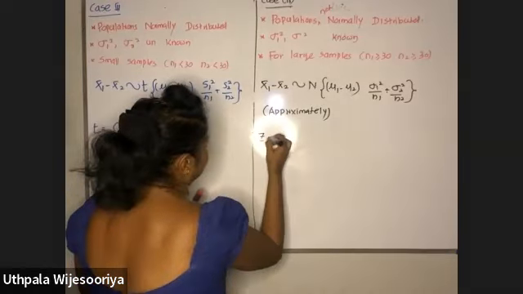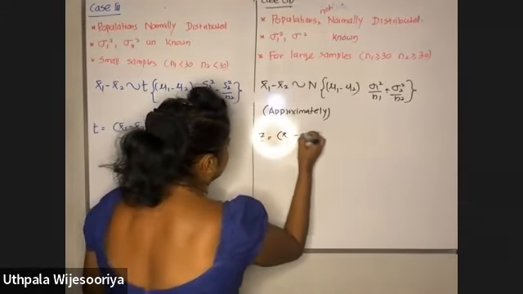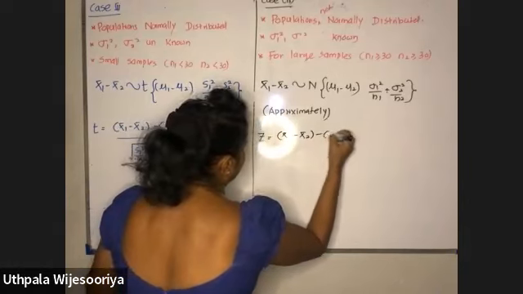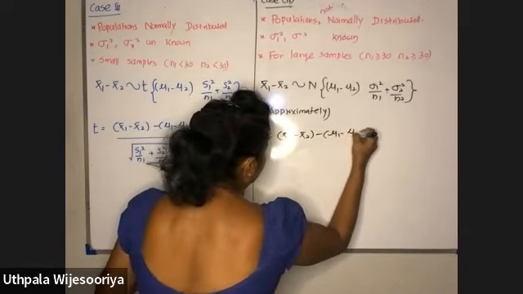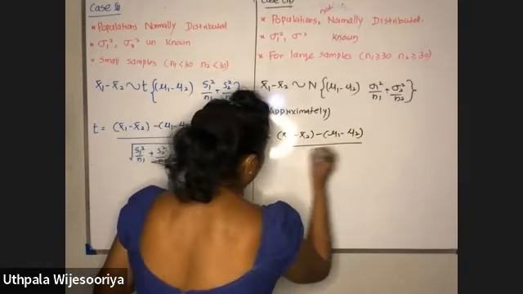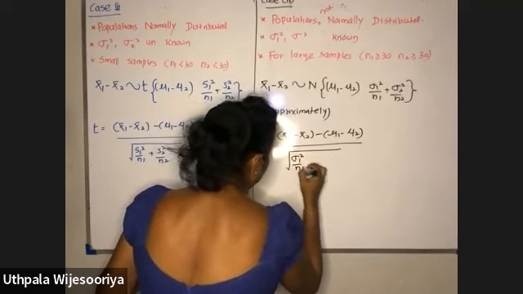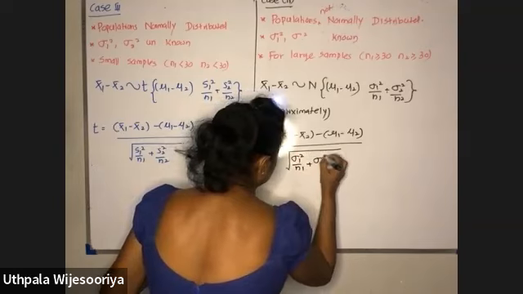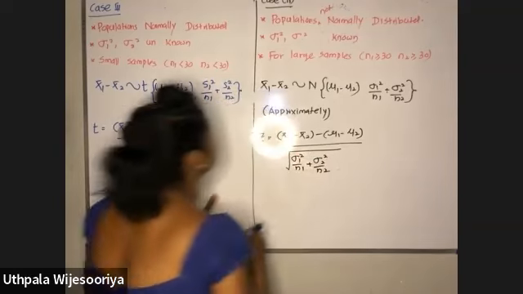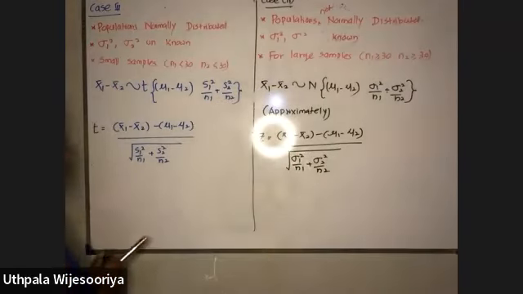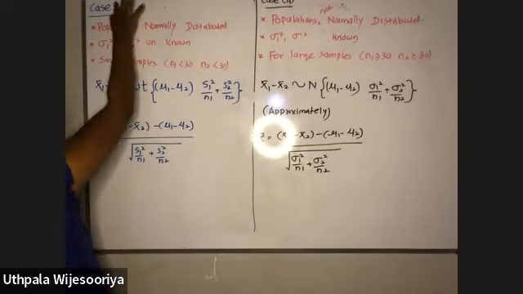Z value is x bar 1 minus x bar 2 minus mu1 minus mu2, over the square root of sigma 1 square over n1 plus sigma 2 square over n2. Now this is case number 4.